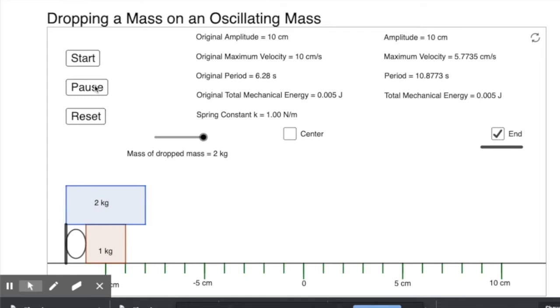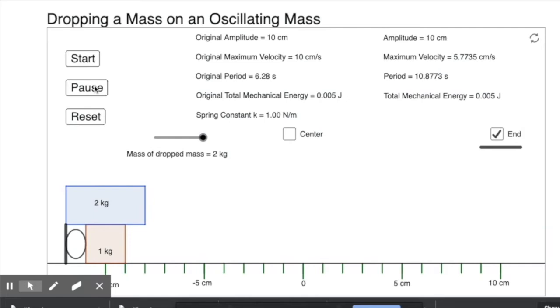So because the original elastic potential energy is now equal to the elastic potential energy of this new system, which has more mass, then it's going to have the same amplitude because that elastic potential energy is proportional to the square of the amplitude.